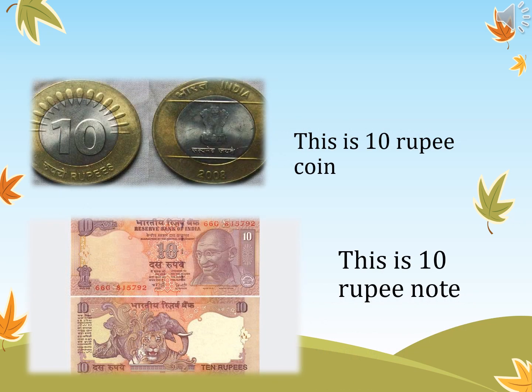This is a 10 rupee coin. You can see it from front and back both. The next picture is of a 10 rupee note. A note and a coin have the same value because they have 10 written on it. Same amount has the same value.